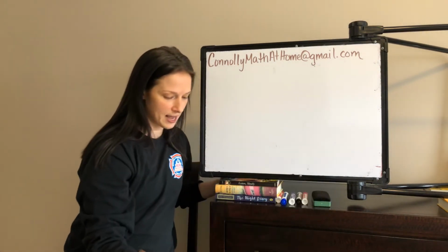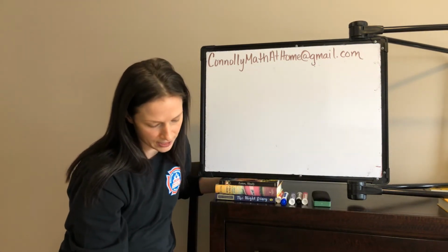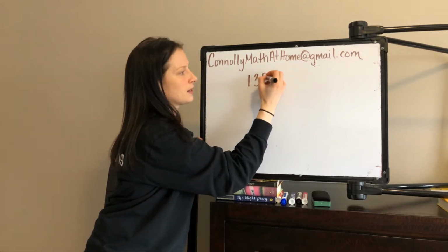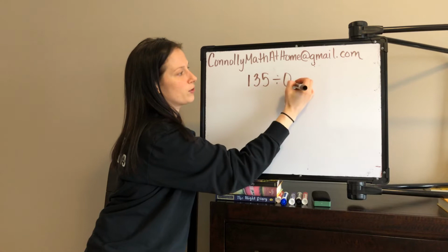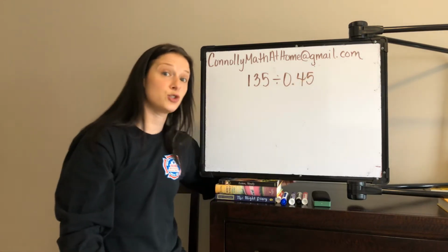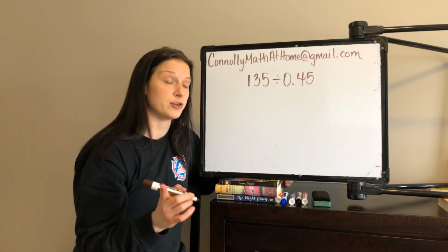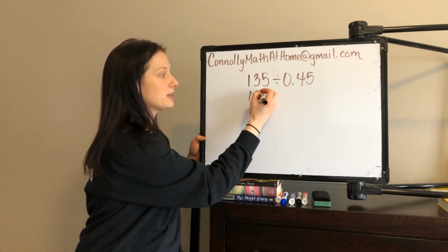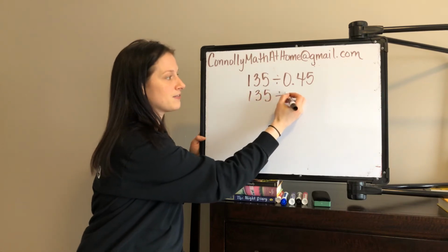All right, last one that we're going to try together is 135 divided by 45 hundredths. So what are we going to do first? Well, we're going to make sure we have all the things ready to go. We're going to be thinking about this as if it's a whole number.